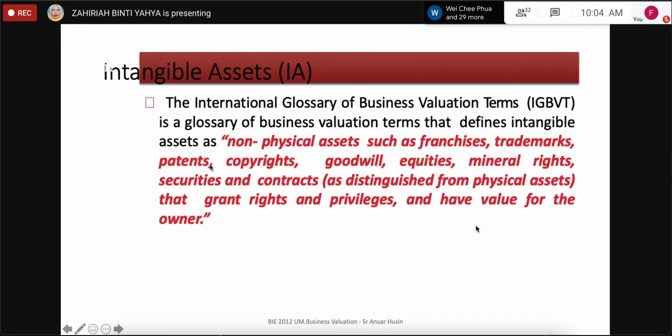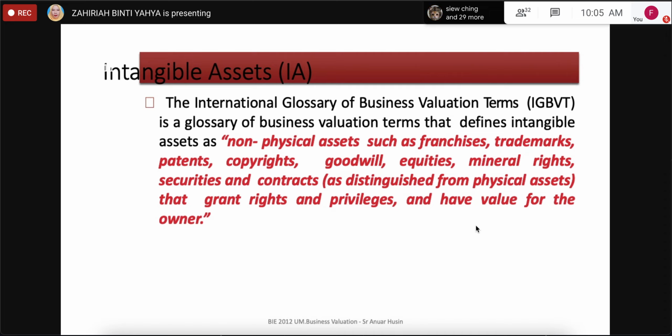Okay lah, katalah you are the owner of a copyright. Ini you have a owner of copyright for one song. Let's say Isabella lah. Okay. So what you get from being the owner of the copyright? Royalty.